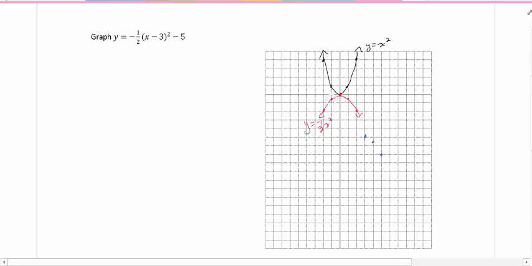Take this point next, to the right 3, 1, 2, 3, and I have to be careful when I'm counting down 5 that I'm counting from half square to half square. 1, 2, again to midway through the square, 3, 4, 5. And my last point, translate to the right 3, and down 1, 2, 3, 4, 5.